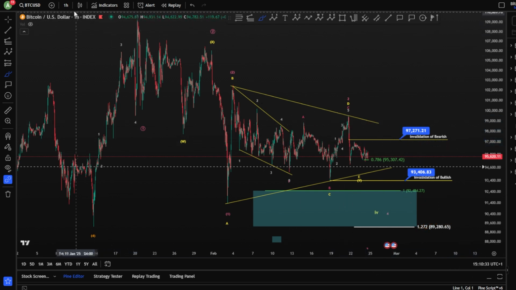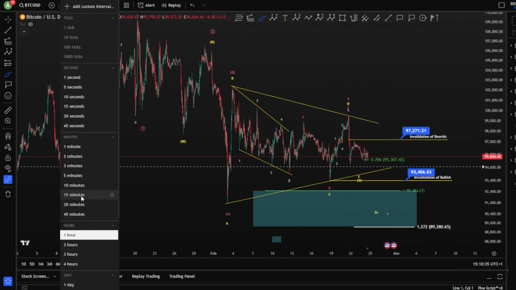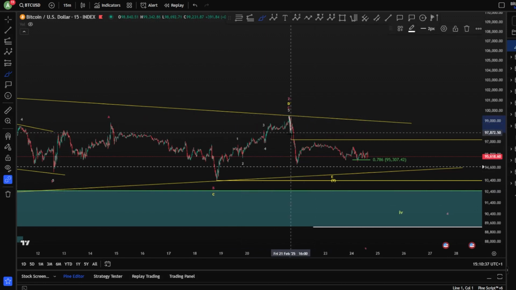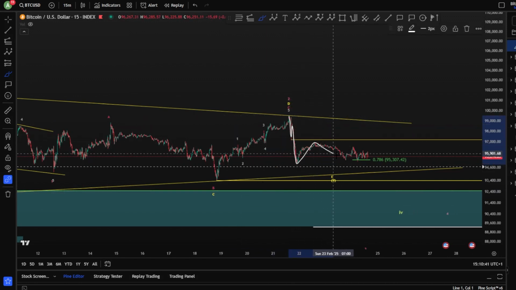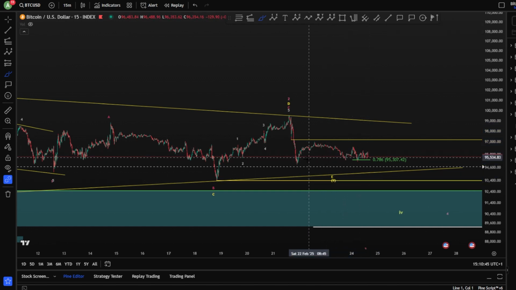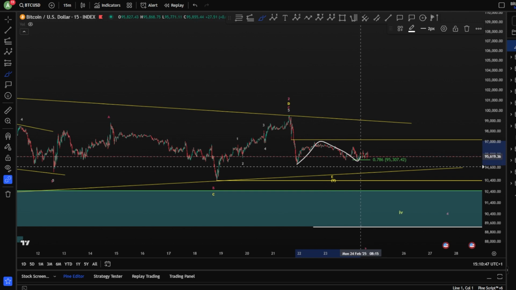Your bearish scenario on the 15-minute chart here is the following, where you have a double 1-2 probably here, or 1-2 and then 3-4, and then your wave 4 is a kind of like a triangle here as well, where you have A, B, C, D, and an E probably, and you want to move continuously now toward the downside for wave 5 in 1, 2, 3, 4, and a 5.